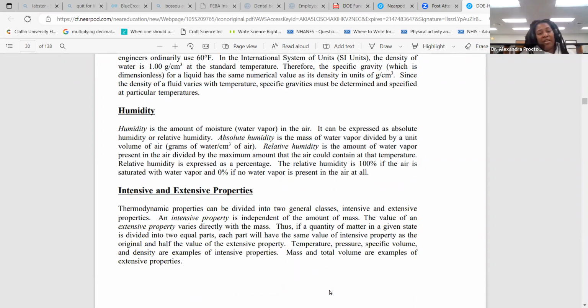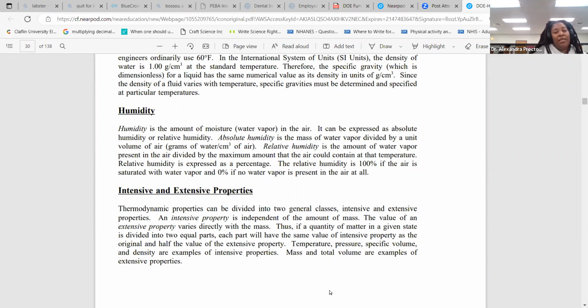Intensive and extensive properties can be divided into 2 general classes. The intensive property is independent of the amount of mass, and the extensive property varies directly with mass. So intensive, mass independent, no matter what the mass is, you can still talk about its intensive properties.